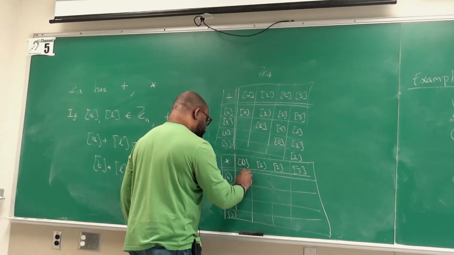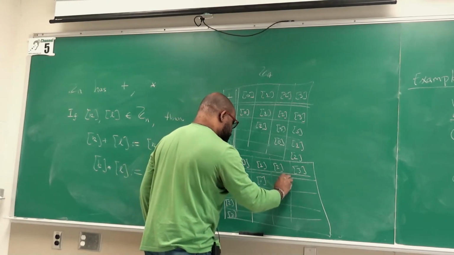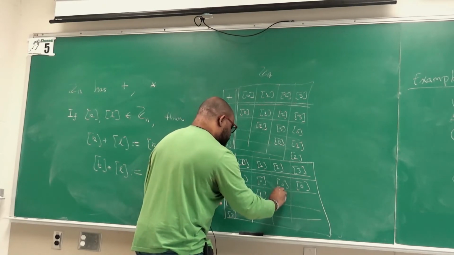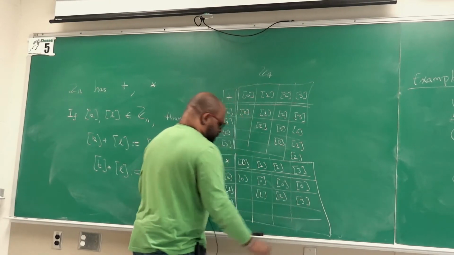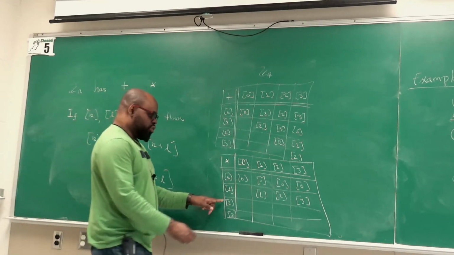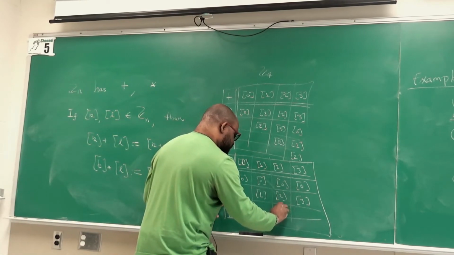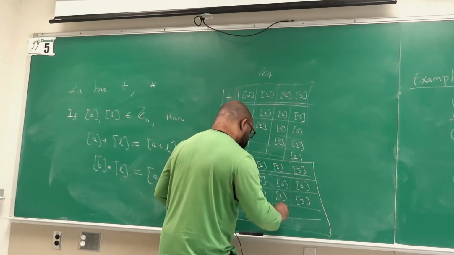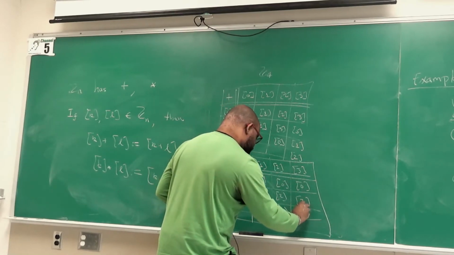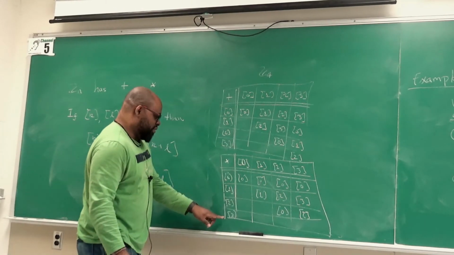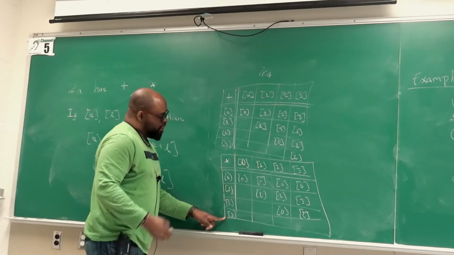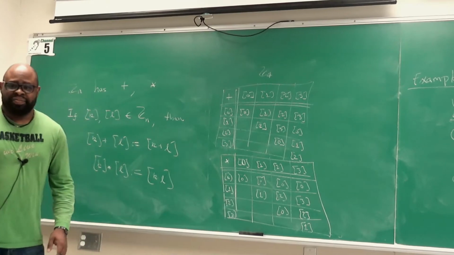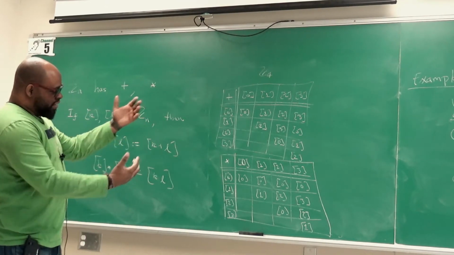So this is 0. This is going to be the same. And then 2 times 2 is 0, which is 4. 2 times 3 is 6, which is 2. And then 3 times 3 is 9, which is 1. Right? So there you have it.